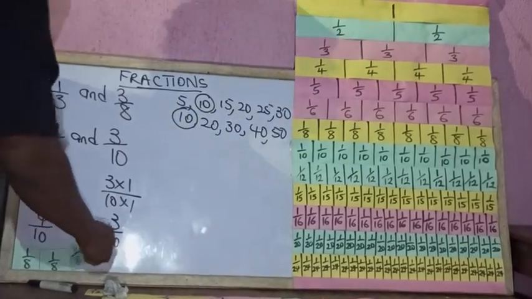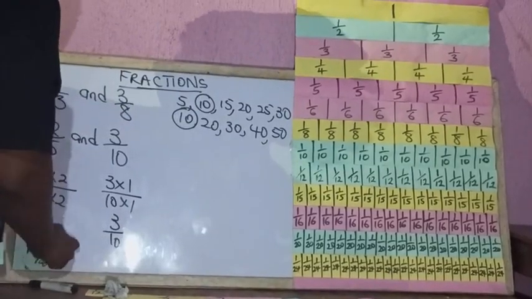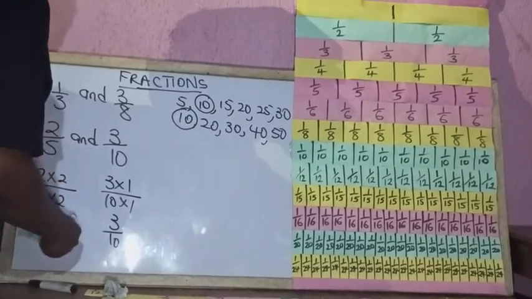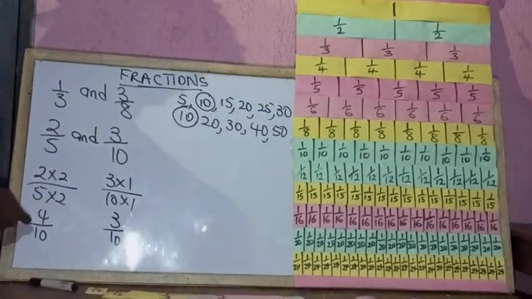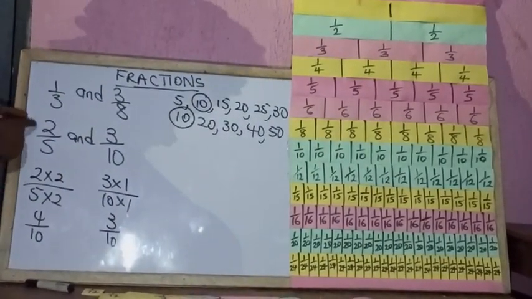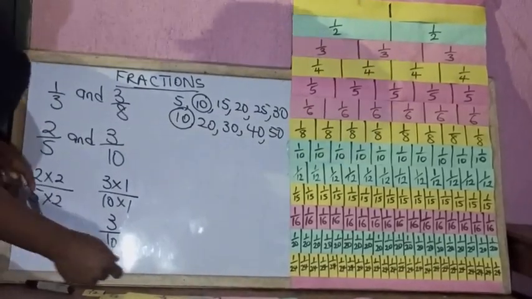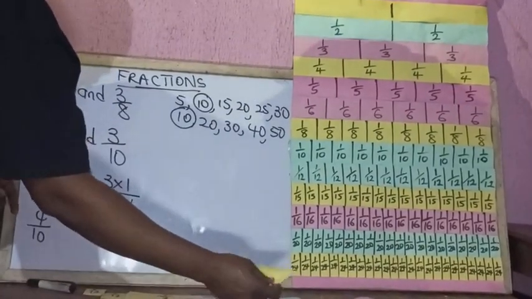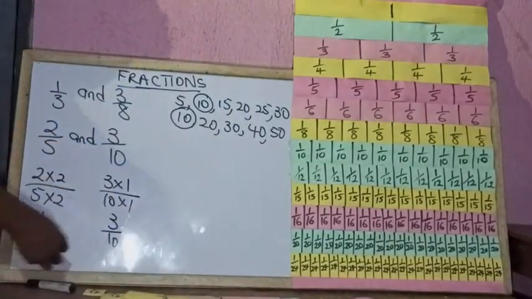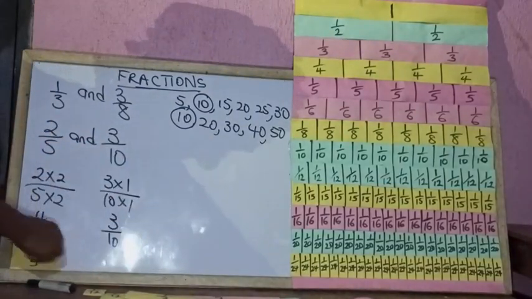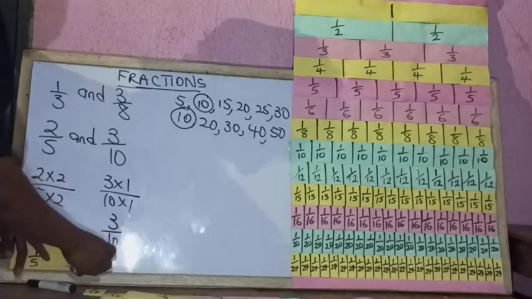And we can still demonstrate it. 4 out of 10 is bigger. We don't even need to demonstrate this one. It's crystal clear. Now, okay, let's look at 2 over 5 and 3 over 10. We can bring it to the board. 2 over 5 and 3 over 10. So we're bringing the strips of 1 over 5. So we bring 2 of them. This is now 2 over 5.